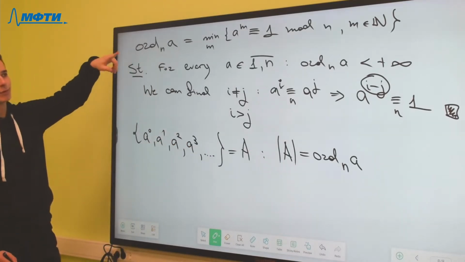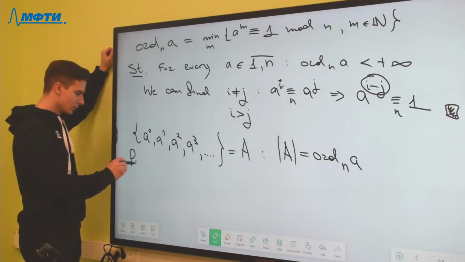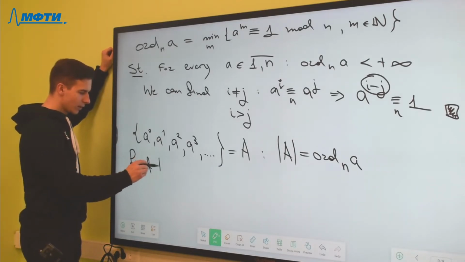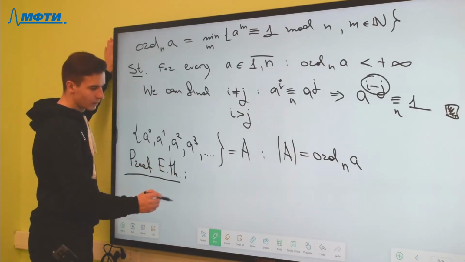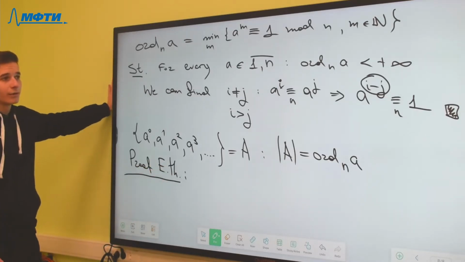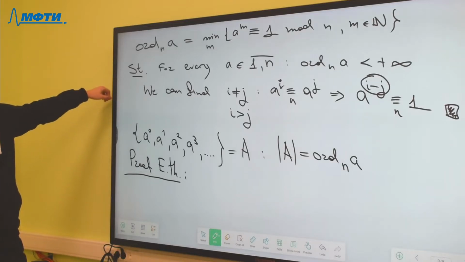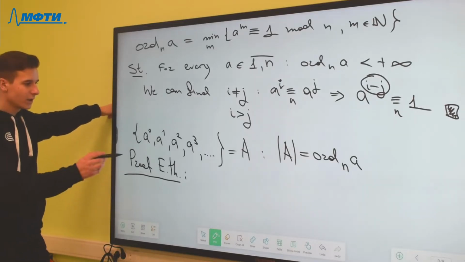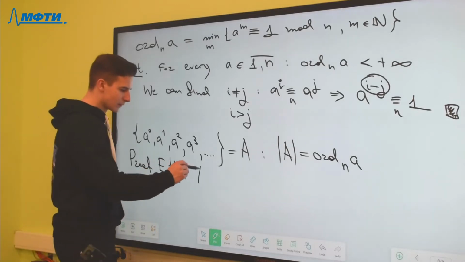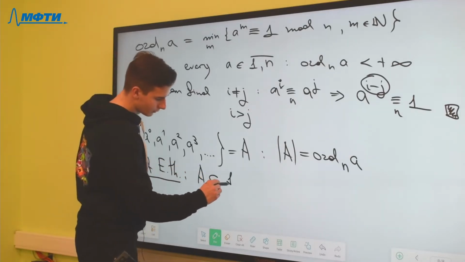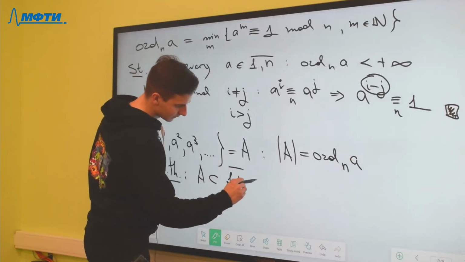And how to prove Euler's theorem. Firstly, we say that A is a finite subset of this set.